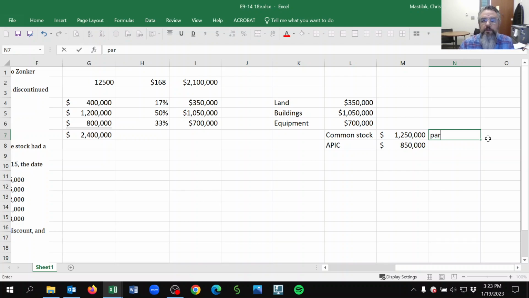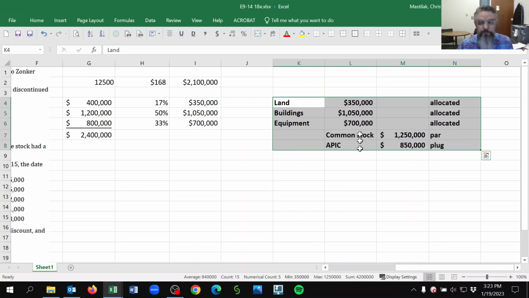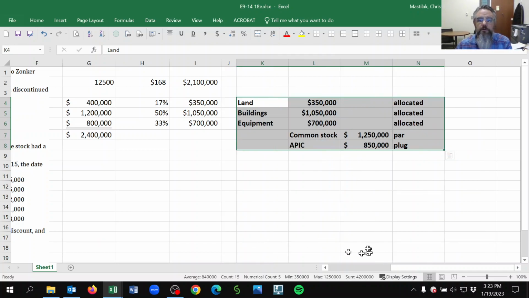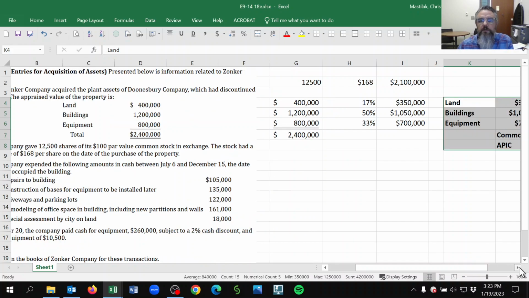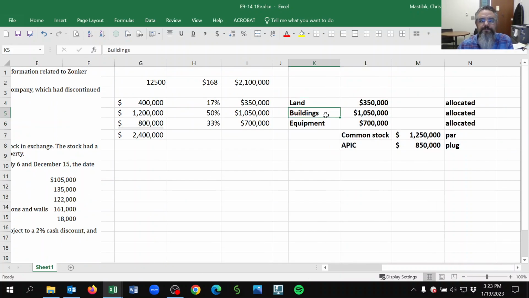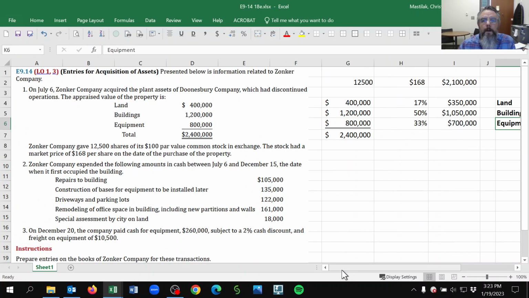So this goes in at par, this is our plug, and these are the allocated values. So for part one, this will be our journal entry to record the value of these properties. So again, this is just our Pokemon card allocation according to the relative fair values.